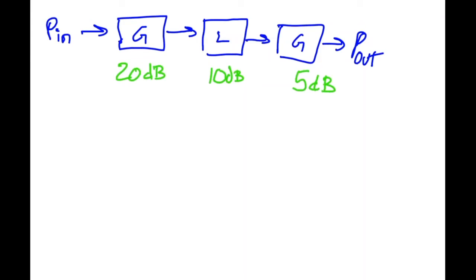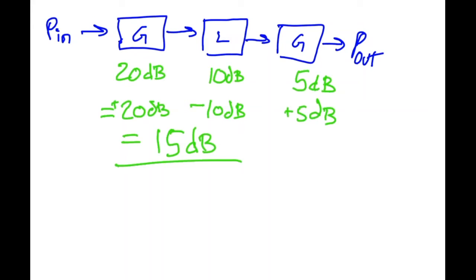Well, the great part is in order to calculate this, all we have to do is plus 20 dB, minus 10 dB because losses are just negative, plus 5 dB, and so we're just doing simple addition and subtraction. We have 15 dB that we end up with. So it's really simple to deal with these chains of amplifiers or these chains of gains and losses because as long as everything's in dB, we're just adding.